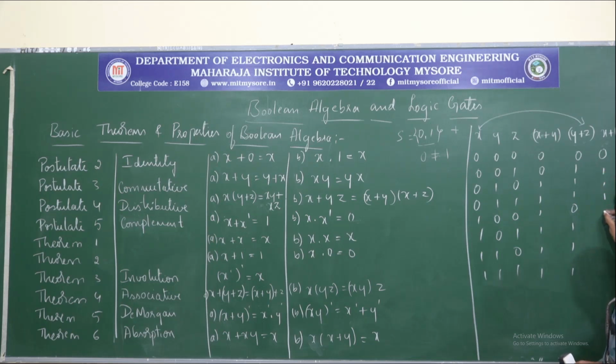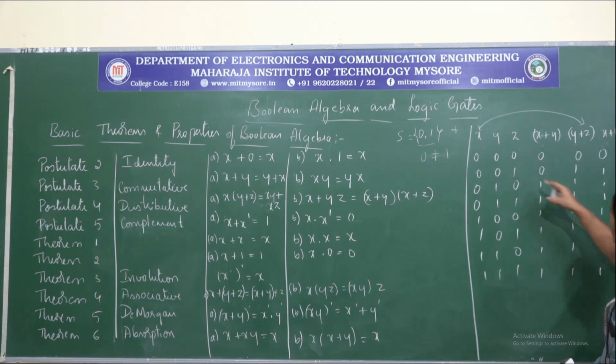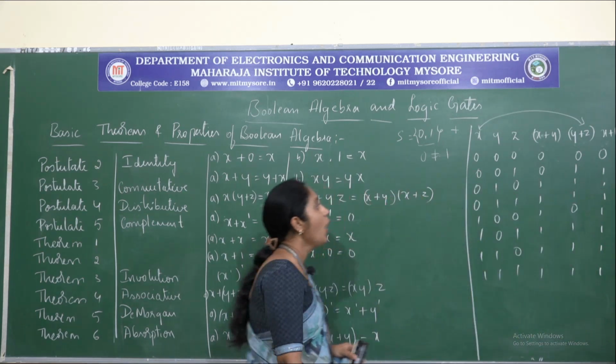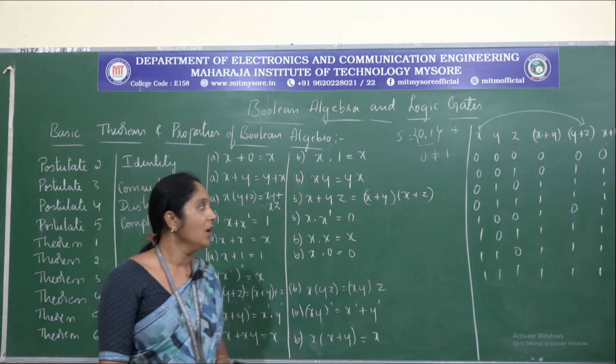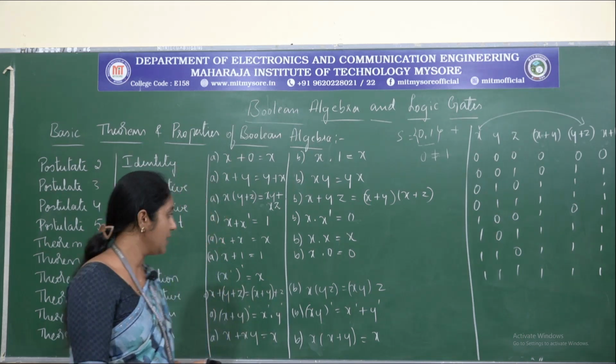Next after 4 entries we have 0 or 1, so 1 1 1 1, and the last one x plus y plus z, first 0 or 0, next 1 or 0 is 1, 1 or 0 is 1, 1 1, 1 or 1 is 1, 1 or 0 is 1, 1 1 1. So if you check the last 2 column entries, they are equal. Therefore we can say that this is the proof for the associative law.